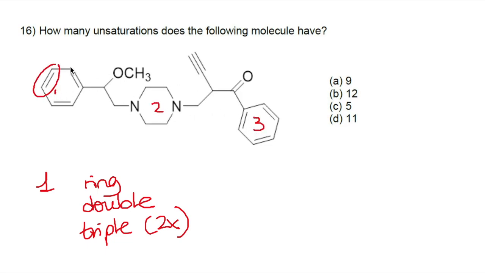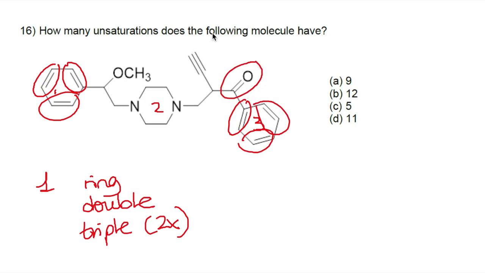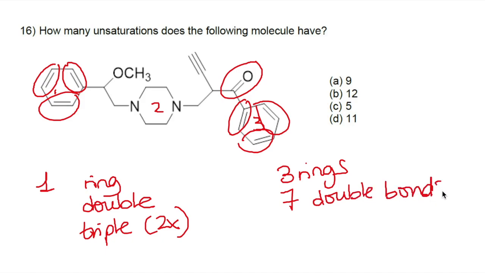We have 1, 2, 3, 4, 5, 6, 7, so 3 rings, 7 double bonds, and I have a triple bond here that counts as 2 double bonds, so that will count as 2 more. So the total, it's 12. The answer is B.